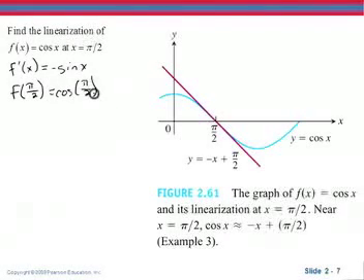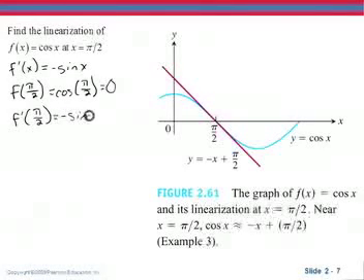You'll remember that the cosine of pi over 2 is 0. Then we're going to look at f prime of pi over 2. That is negative sine of pi over 2. Remember that the sine of pi over 2 is 1, so this will give us negative 1.